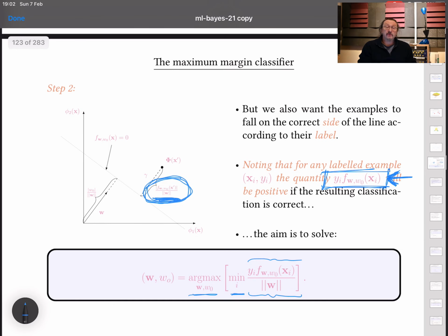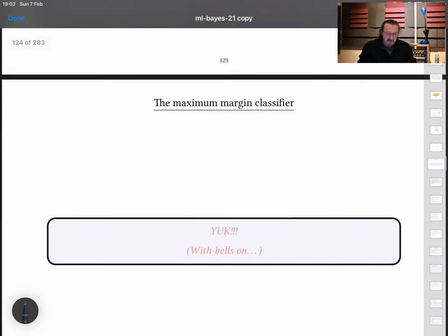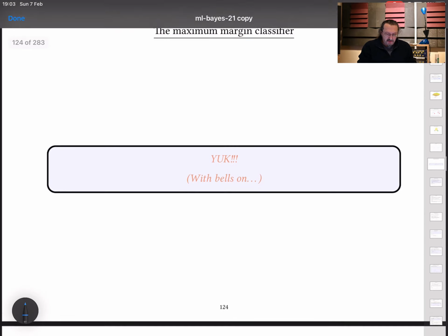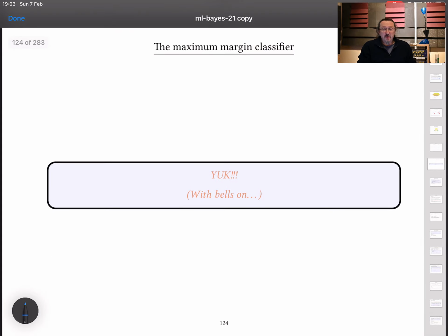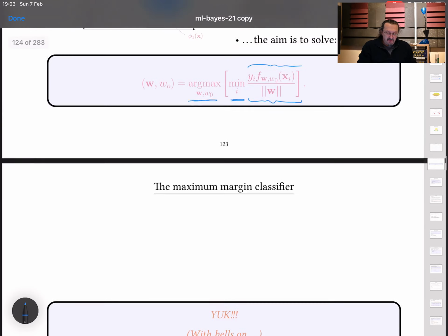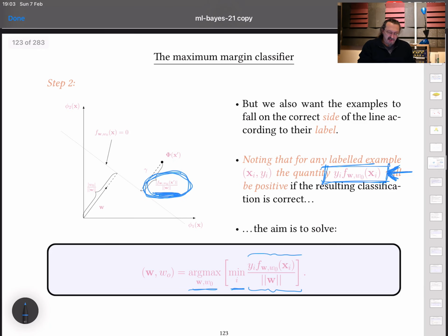So that's one way of formulating it, and it is completely and utterly horrible, so we won't say much more about it. It's completely horrible because essentially it has this horrible discontinuity in it.